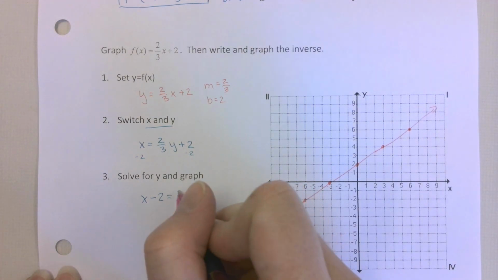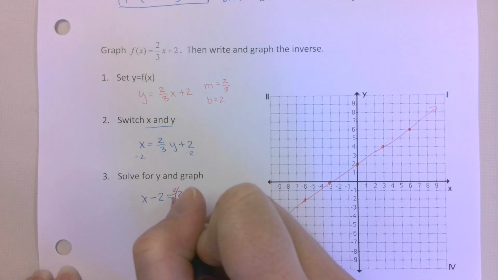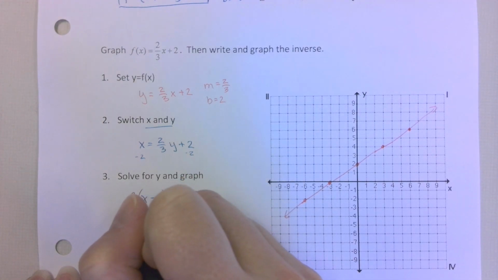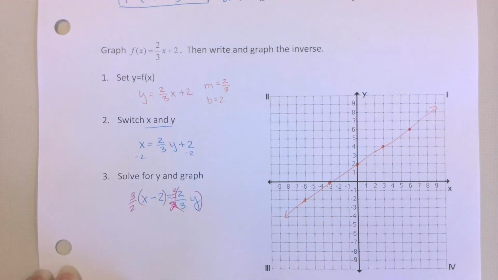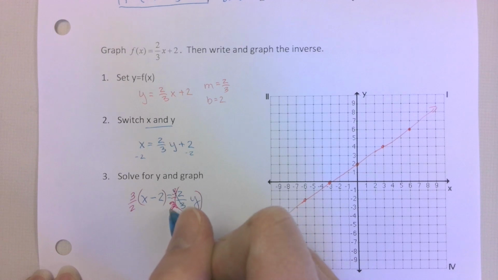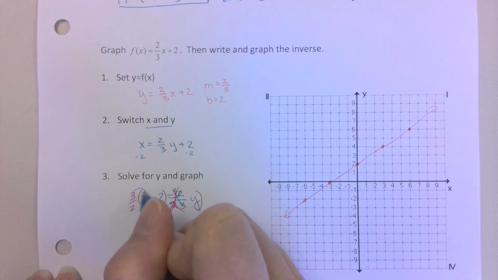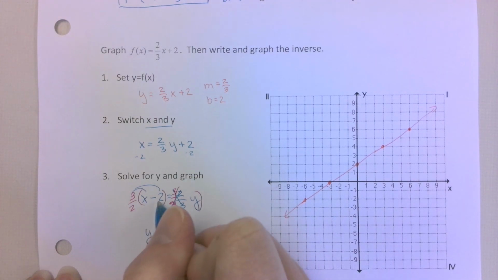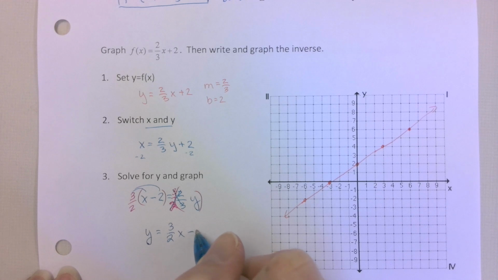So what I'm going to do is multiply by the reciprocal of 3/2 on both sides. And so this is going to go ahead and cancel. It's 6 over 6, or the 3's cross cancel and the 2's cross cancel. And I'm going to go ahead and distribute that. So I end up with y equals 3/2 x. And then my 2's are going to cancel, and then just minus 3.